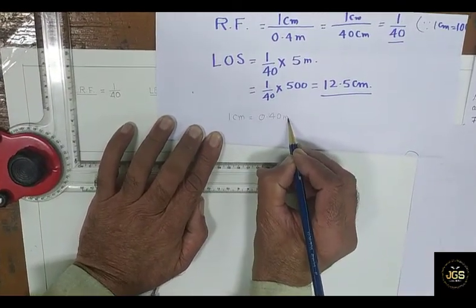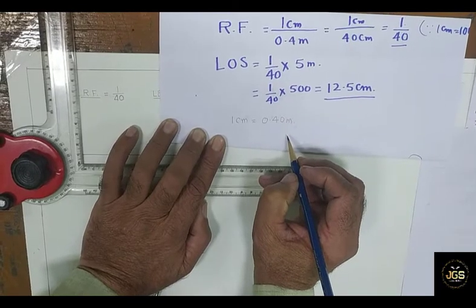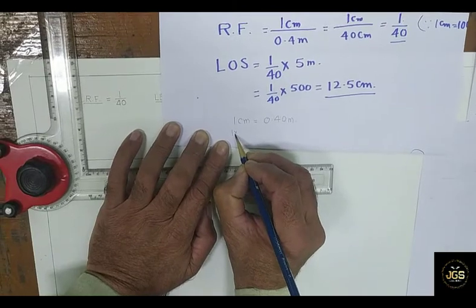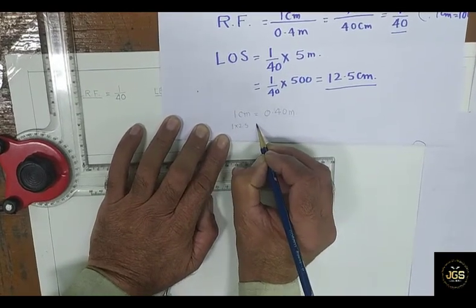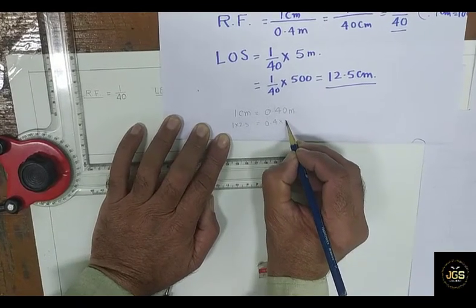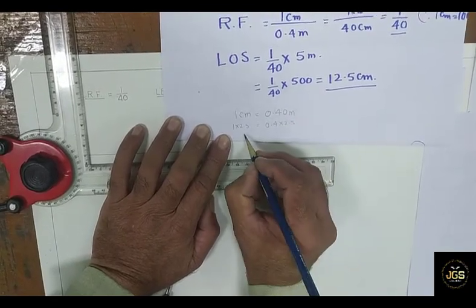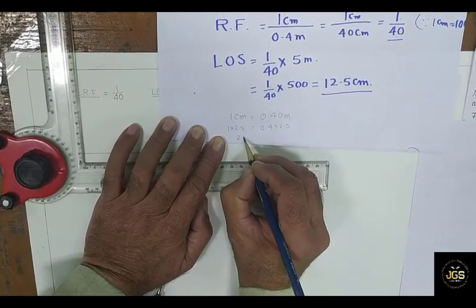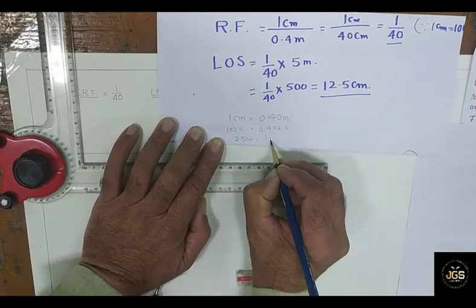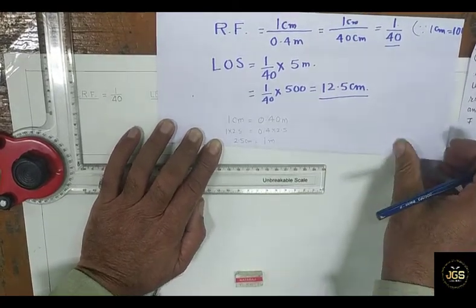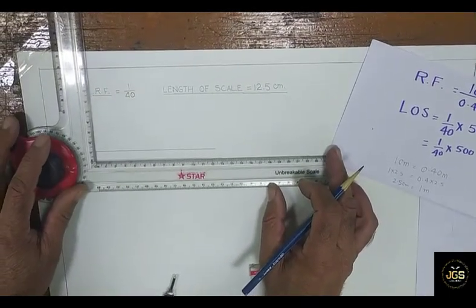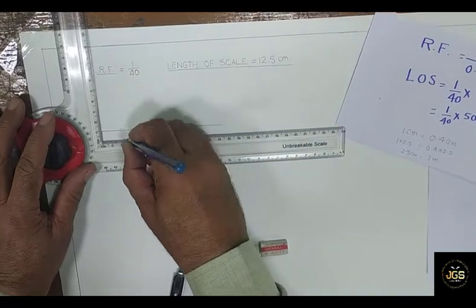So we have to make it 1 meter because our main unit is meter and decimeter. So you can multiply this 1 by 2.5 and 0.4 is multiplied by 2.5. This comes to be 2.5 centimeter is equal to 1 meter. Okay. So here you have to mark a distance of 2.5 centimeters. So this will represent 1 meter.